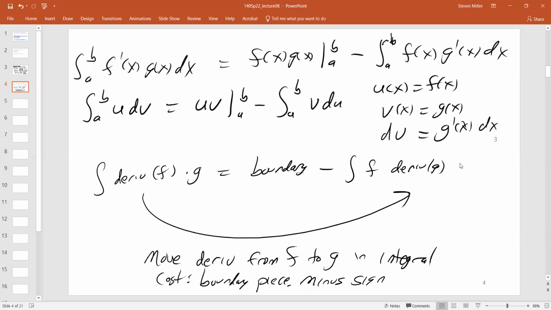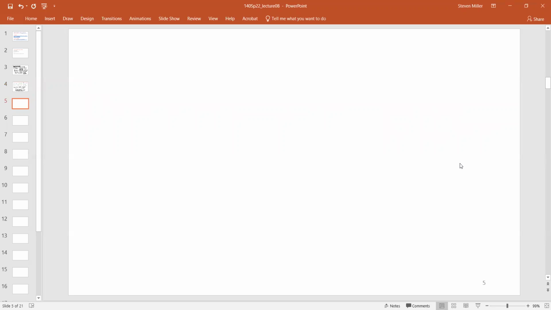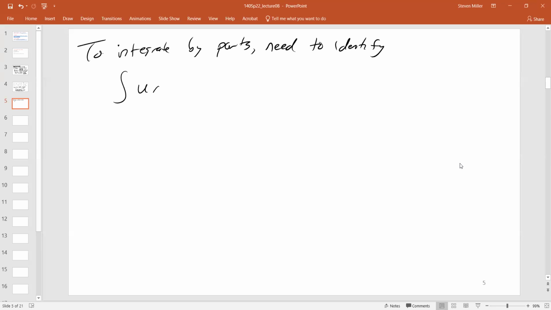So this is a very low cost thing to try. If you're going to do integration by parts, what do you have to identify? To integrate by parts, what do we need to identify? So the formula is the integral from a to b of u dv is uv evaluated from a to b minus the integral from a to b of v du.